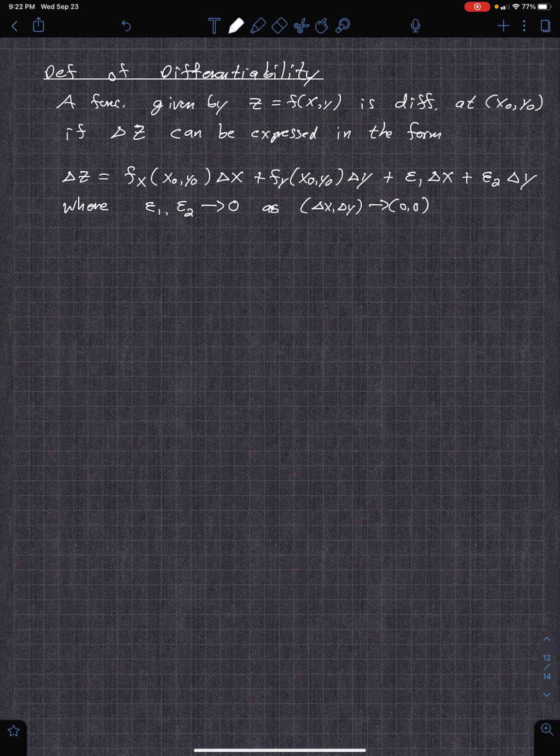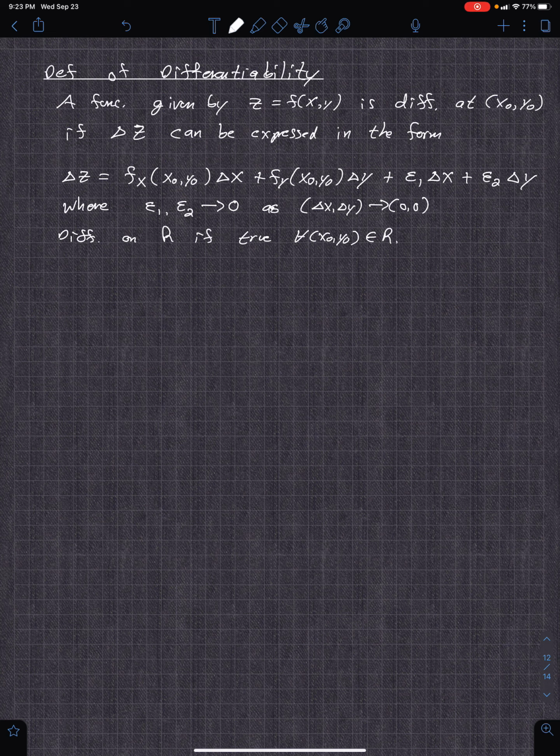And then it's differentiable on a region. So I'll just say differentiable on a region R if that's true for all x naught, y naught in R. Same kind of thing we've done in the past.